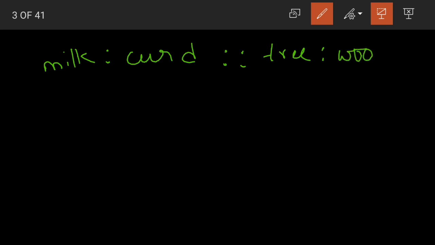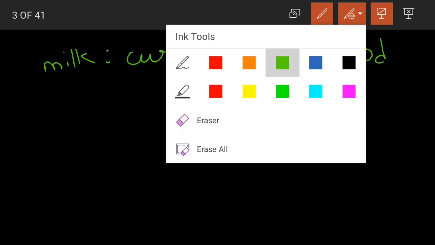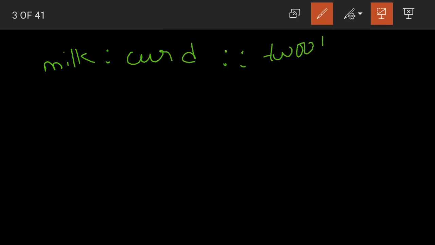If I say milk, two dots, curd, again four dots, then you have wood, and furniture. Can you see this sentence here?